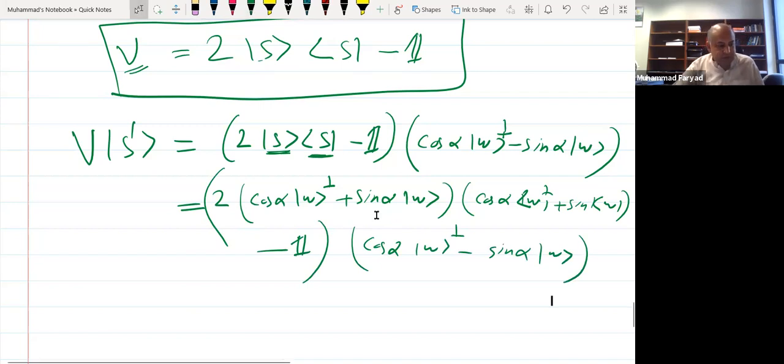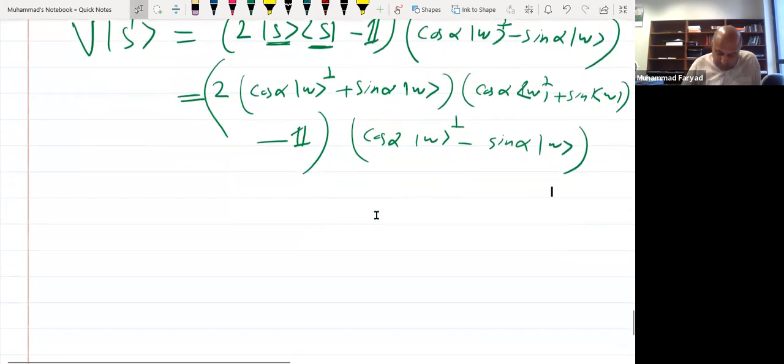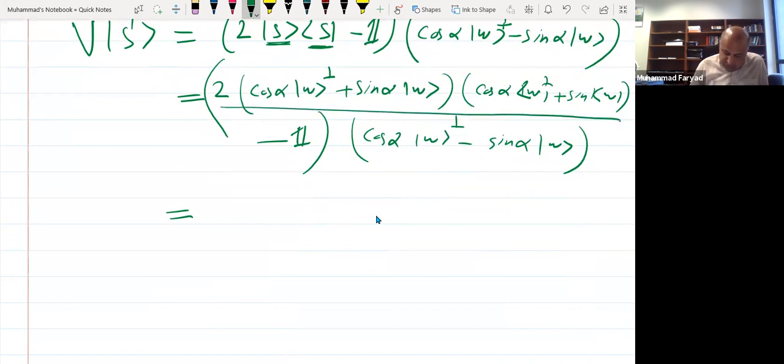Okay, so I will have to work out term by term now. So for that, let's see what this term is. So 2 into cos alpha W perpendicular plus sine alpha W. Now this W perpendicular, when this multiplies with W perpendicular, I get 1 because of orthonormality and cos square alpha.